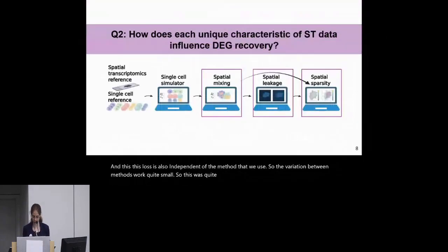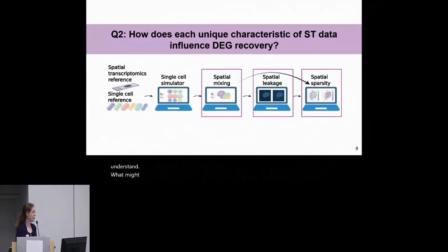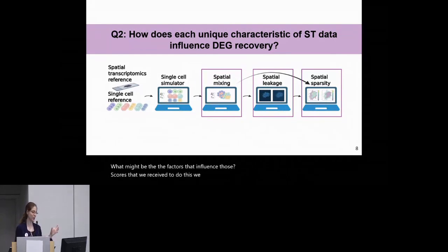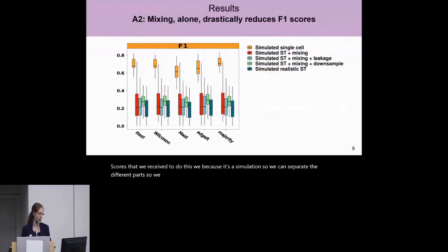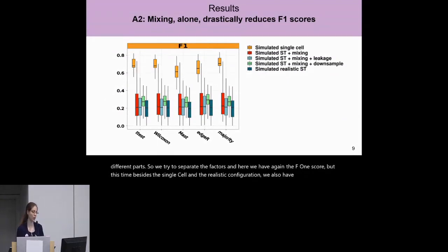And with this, we were trying to understand what might be the factors that influence those scores that we received. To do this, because it's a simulation, we can separate the different parts. So we try to separate the factors. And here we have, again, the F1 score, but this time, besides the single cell and the realistic configuration, we also have the mixing with leakage and mixing with downsampling.